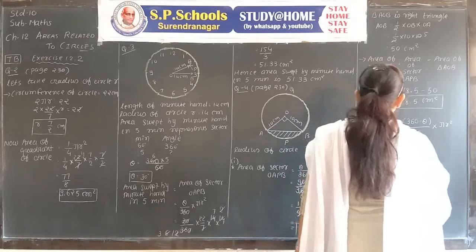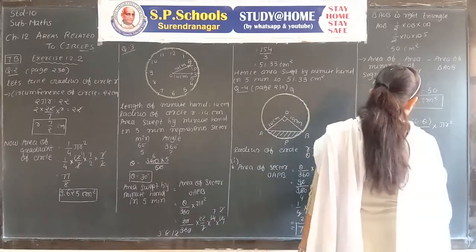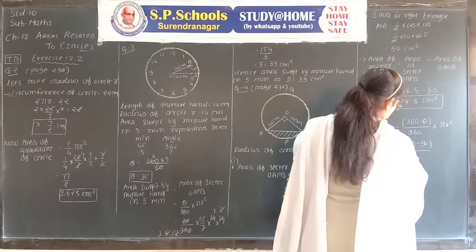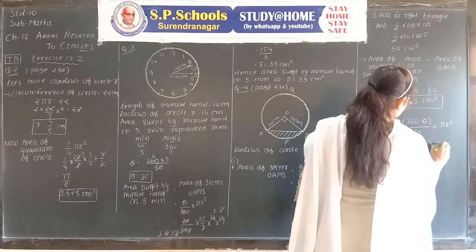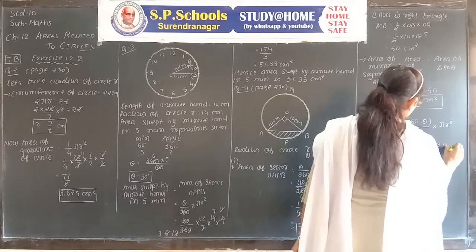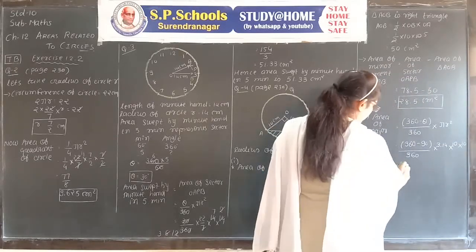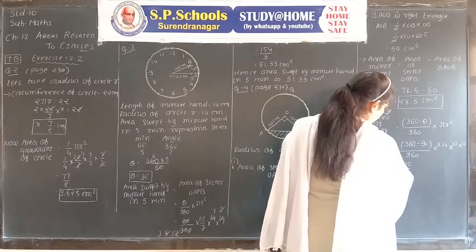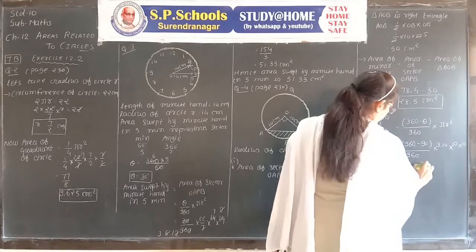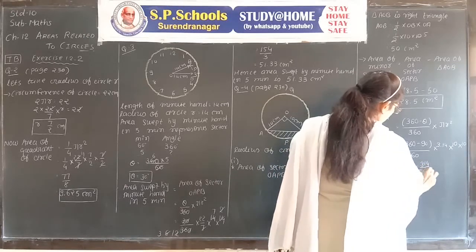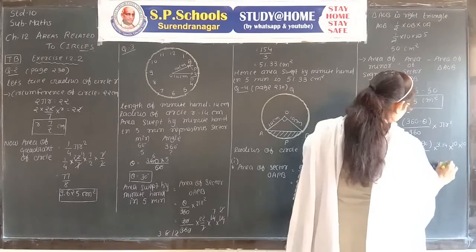That is 360 minus 90 upon 360, pi is 3.14 into 10 into 10. 360 minus 90 is 270 upon 360 into 314 upon 100 into 100.